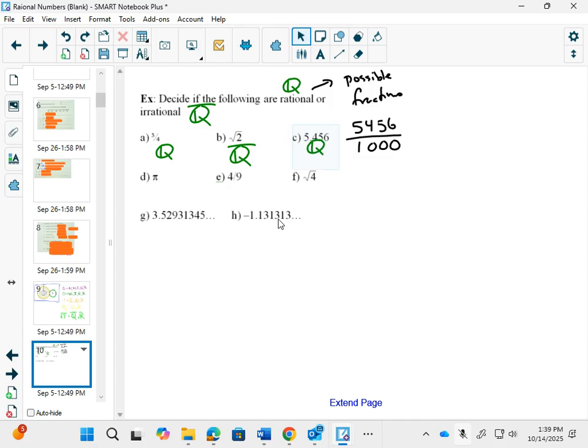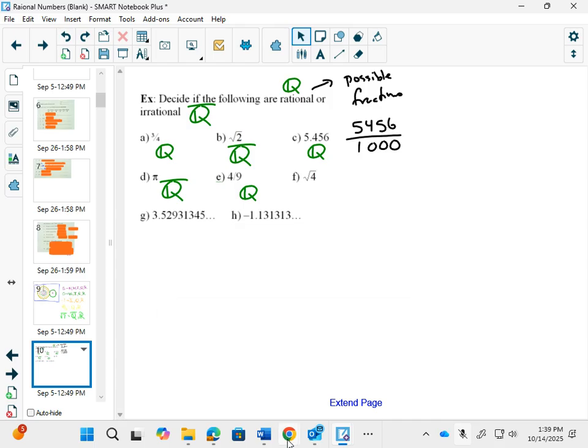And since I can write it as a fraction, it's a rational number. You just have to know that pi is an irrational number that goes on forever. 4/9, that's already a fraction. I can put fraction or rational number there.